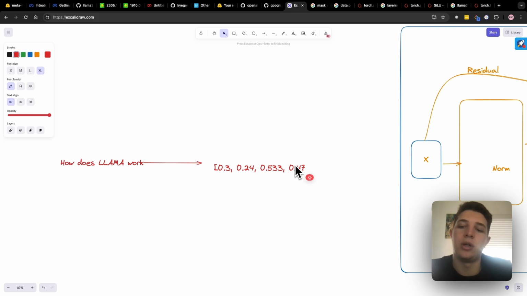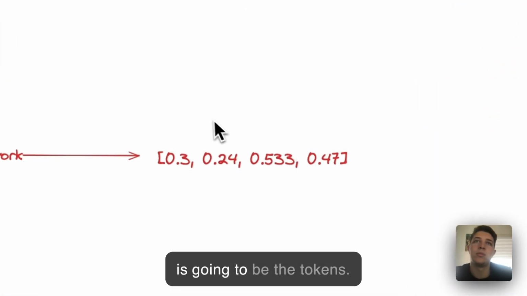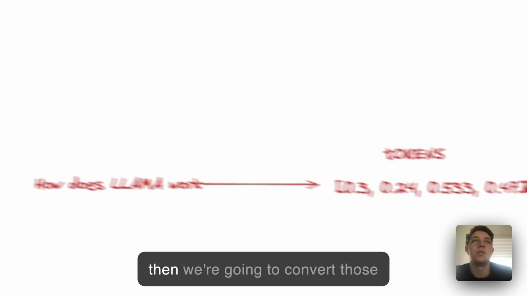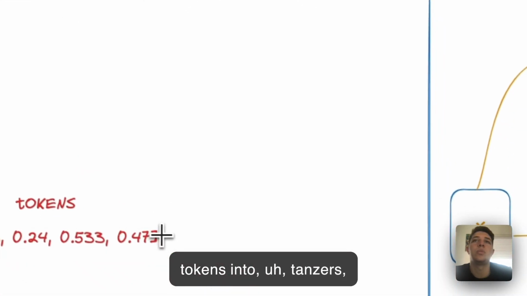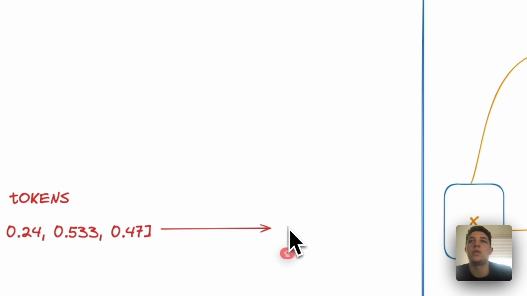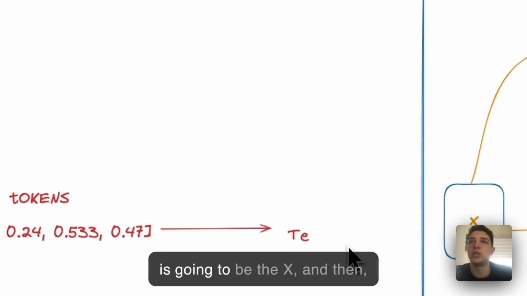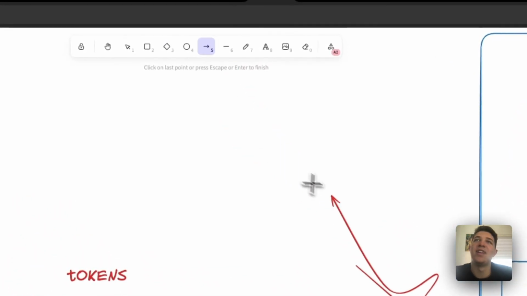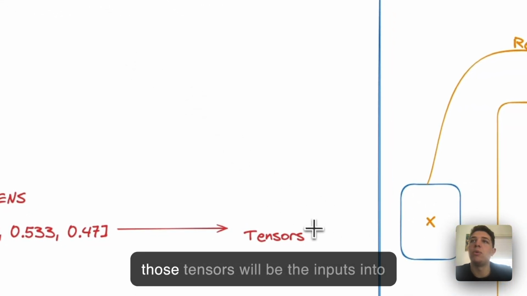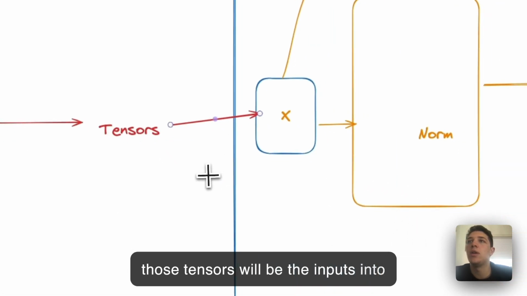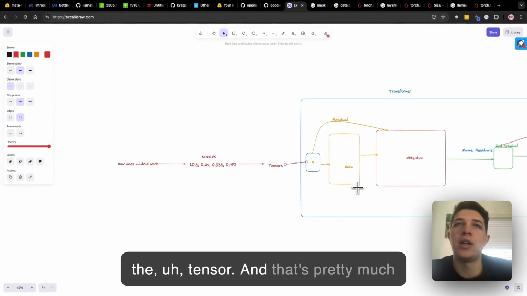This is going to be the tokens. And then we're going to convert those tokens into tensors, which is going to be the X. And those tensors will be the inputs into the transformer. And that's pretty much it.